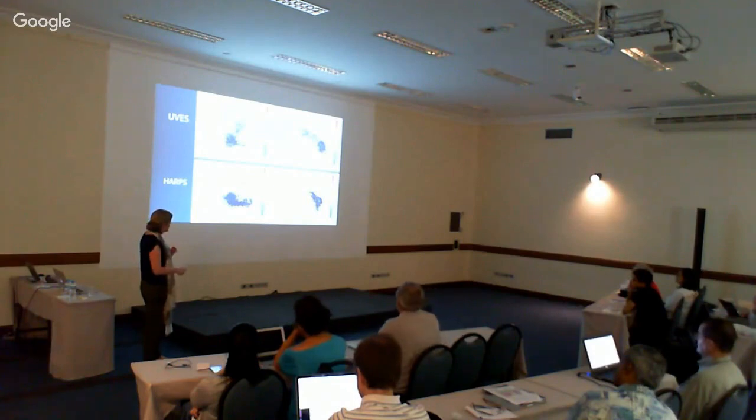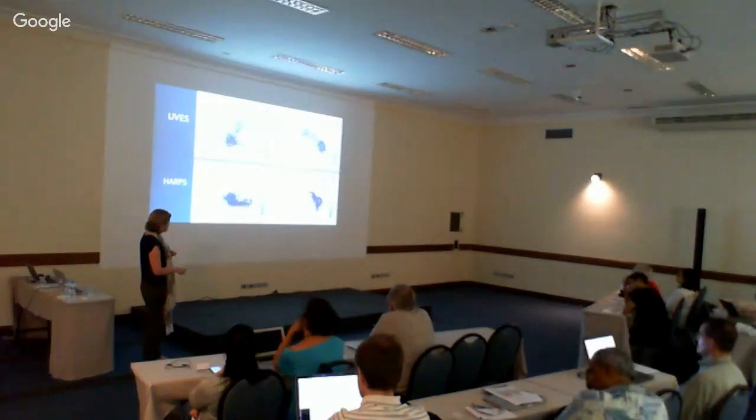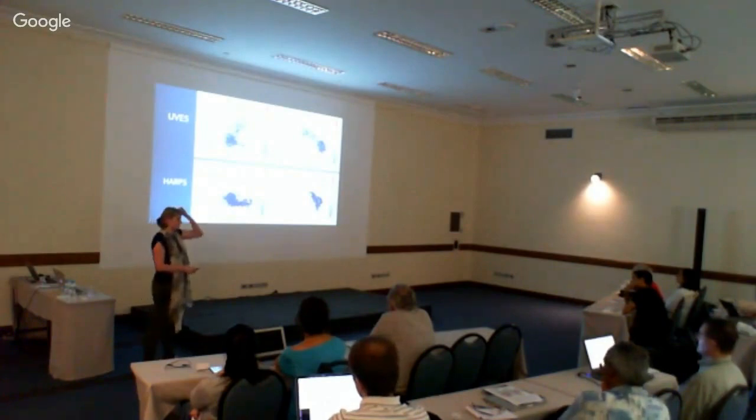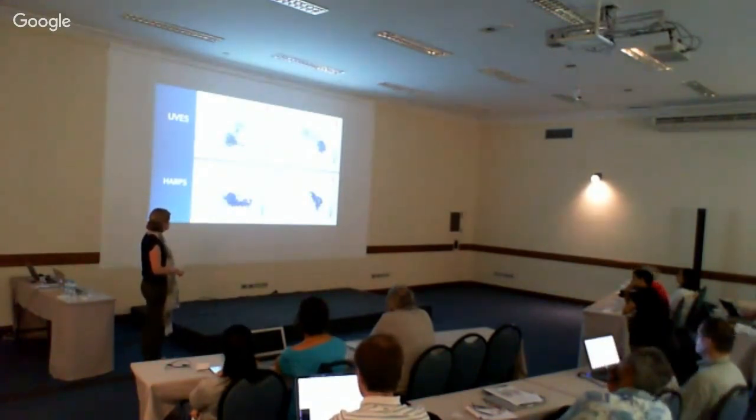Then in the alpha range, we've got this weird, interesting sub-alpha population here, which we need to explore a bit more. The sample is really just this little blip here, but again, we're not sampling so far in distance for HARPS.